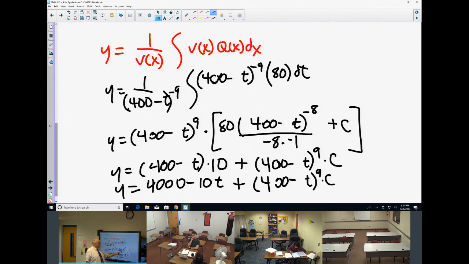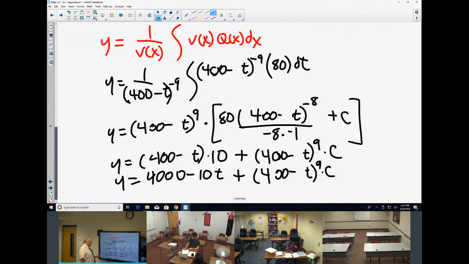And then 8 will go into 80 10 times, plus, and then you have to distribute this to the c. So 400 minus t to the 9th times c. Then if I distribute, I get 4,000 minus 10t plus 400 minus t to the 9th times c. So that's the solution.